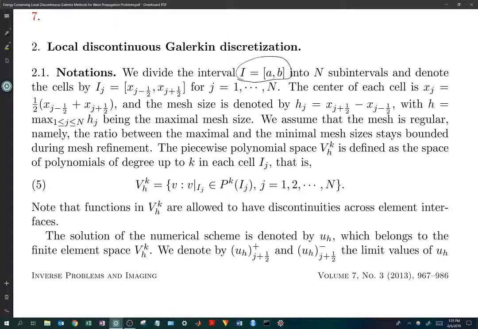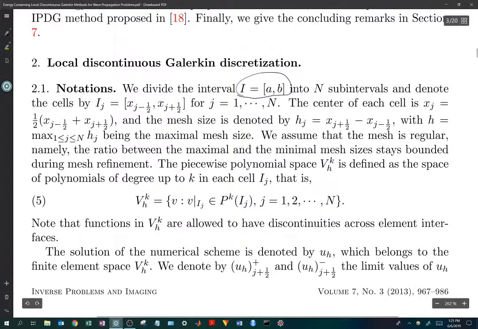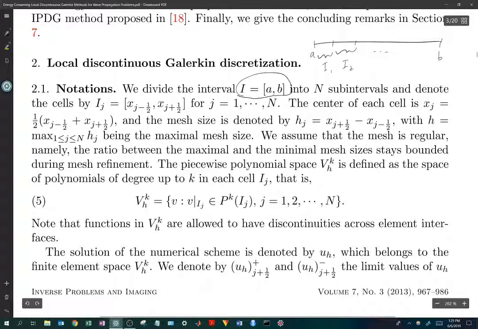What we do here is we break up our domain I equals ab into a number of different cells. So if we imagine this is a and this is b, then we would have this interval here, which is I1, then this next interval here, which is I2. Then you just go all the way through the remainder of the interval, and so you break it up. On each of these intervals, each I_j, we are going to define a polynomial basis.